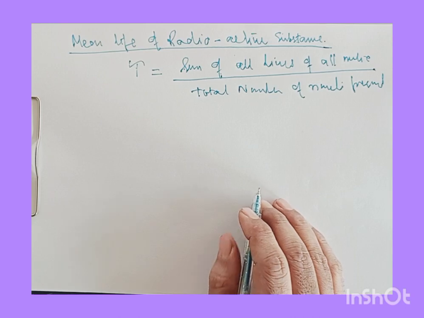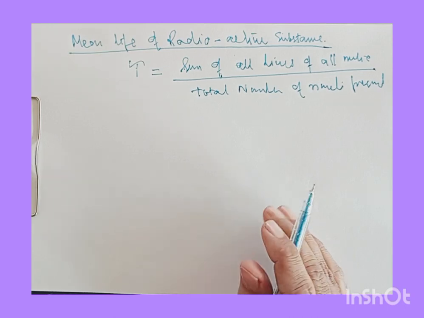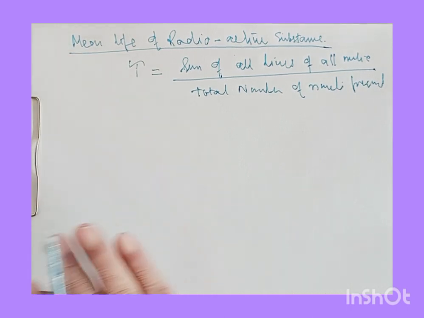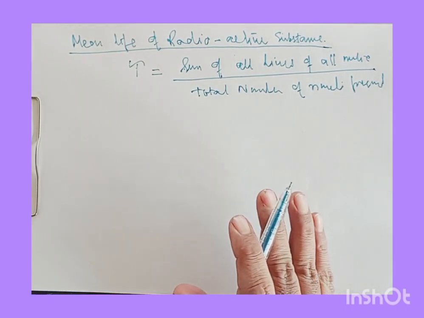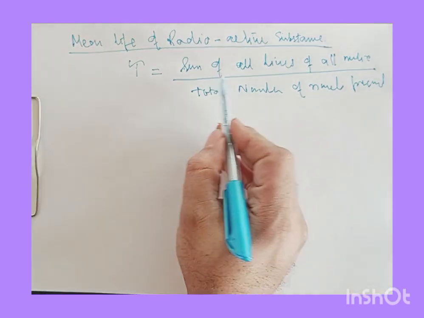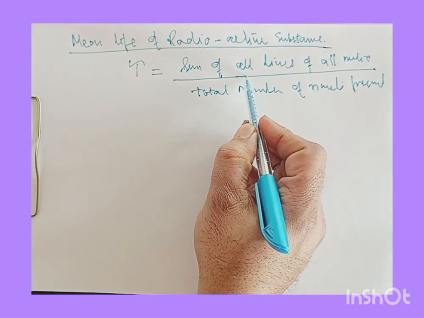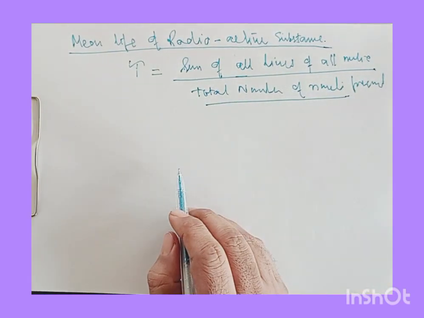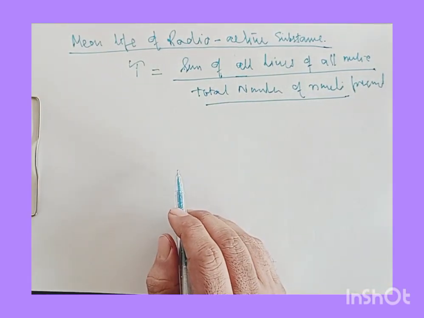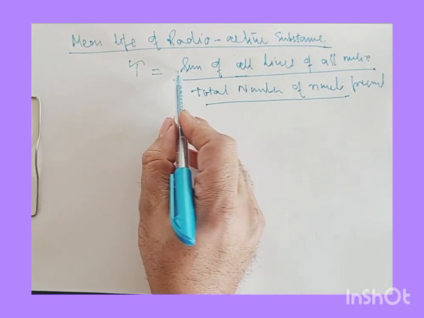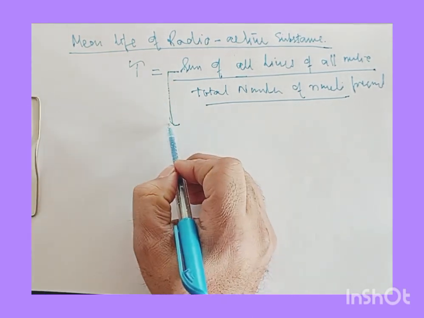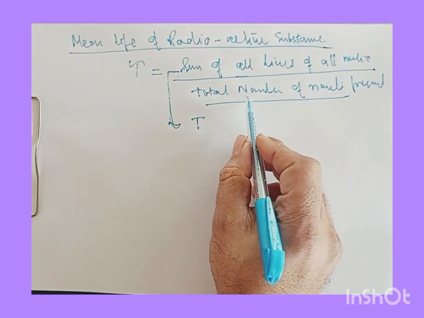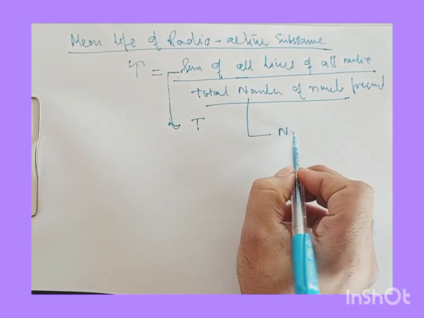So we can say that the mean life of a radioactive substance is given by the sum of the total lifetime of all the nuclei divided by the total number of nuclei present in the sample. We represent this sum of all lives by T total, and this is my N naught.